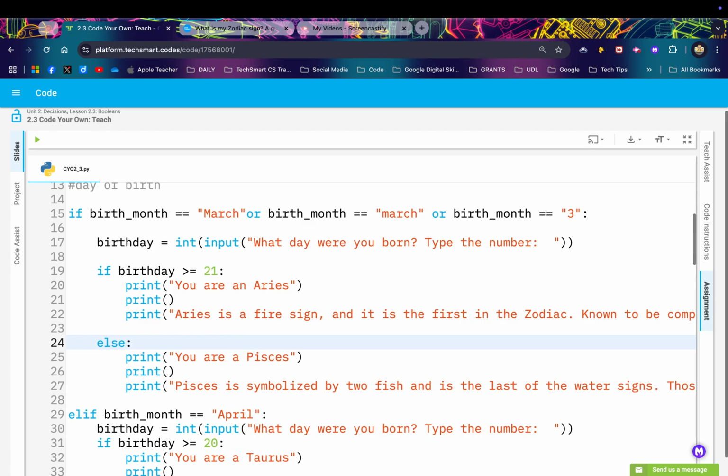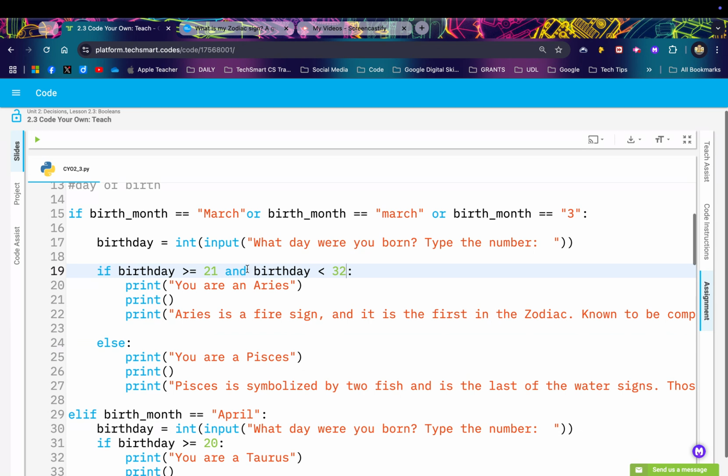All right, now it doesn't help this situation right here. I can also do this. I could go and birthday less than January, February, March. So March has got 31. Less than 32. Because if they say 30 something, then obviously it's a wrong answer.